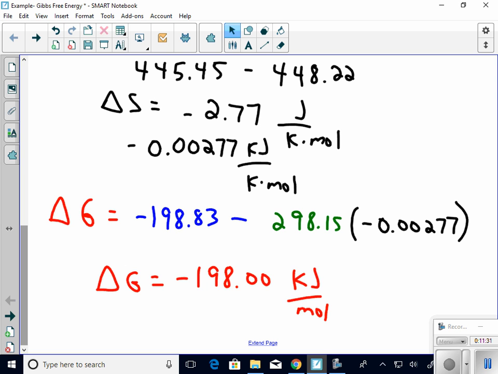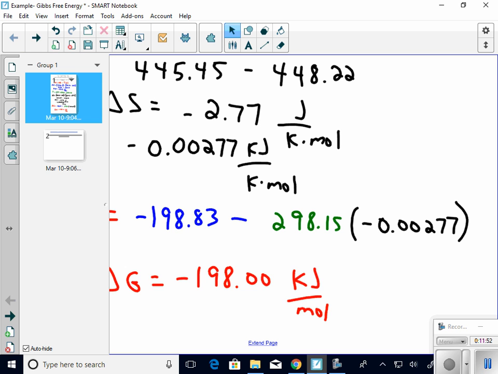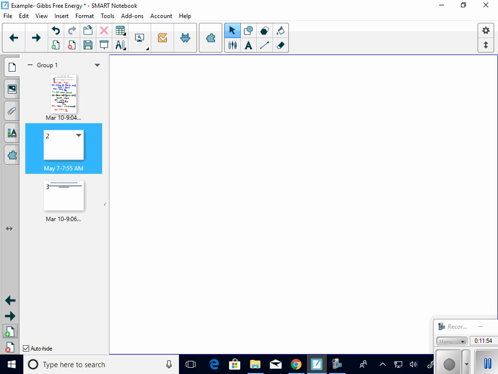Now, the second problem that I am going to work, you know what I'm going to do? Let's just do this one. So I'm going to get myself a blank page here.